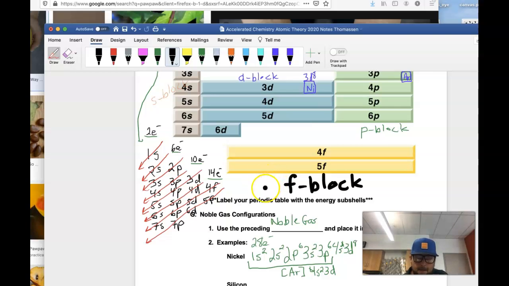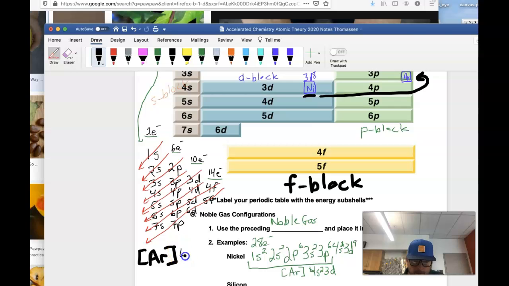So if I was going to find nickel and wanted to skip all that stuff with the diagonal rule, all I need to do is find nickel on the periodic table and then go to the preceding noble gas, which is argon. And I would start with argon. And see that after argon, in the fourth row starts the 4s orbital.